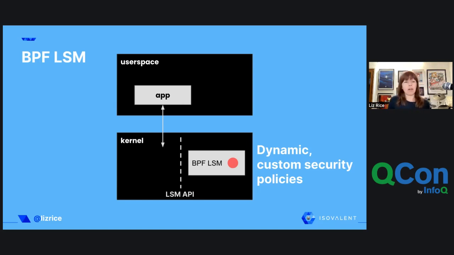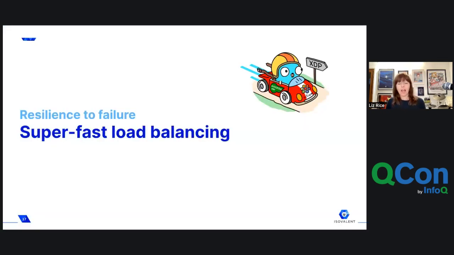Well, one other example is load balancing. And load balancing can be used to scale requests across a number of different backend instances. But we often do it not just for scaling, but also to allow for resilience to failure, high availability.